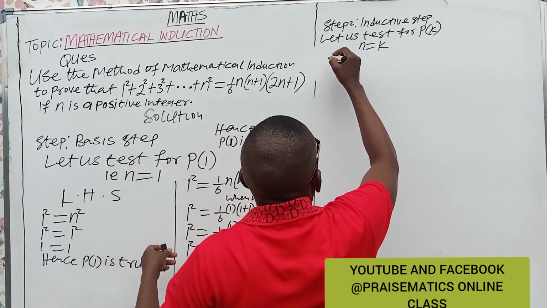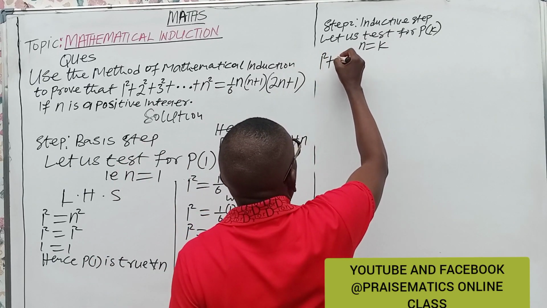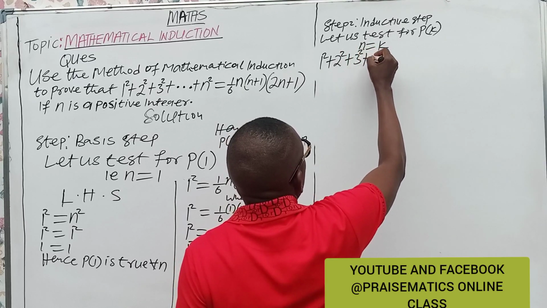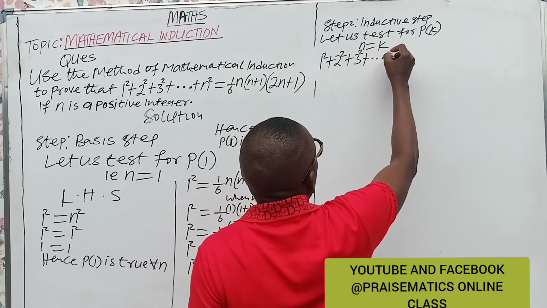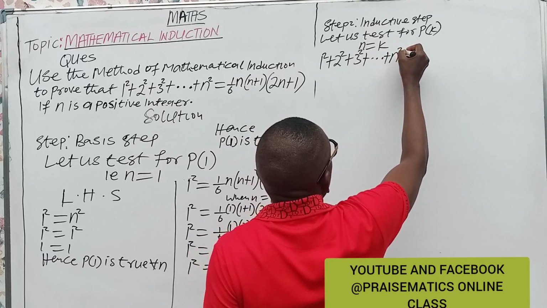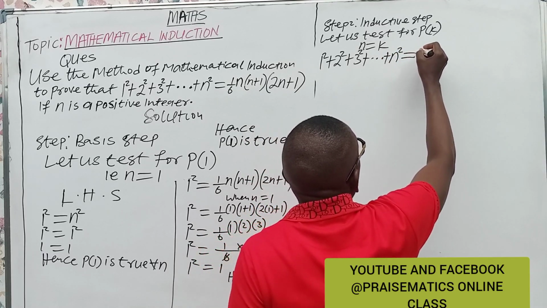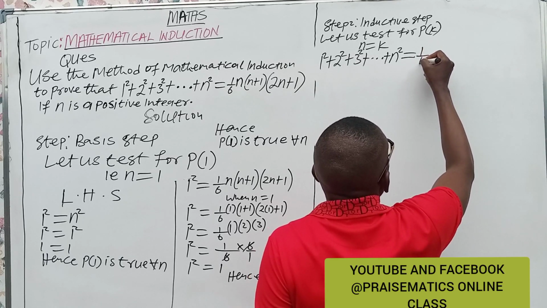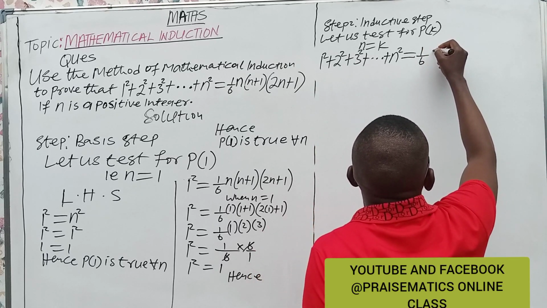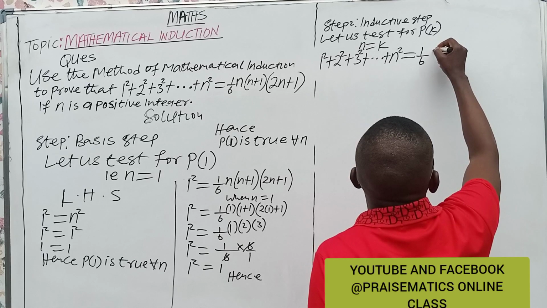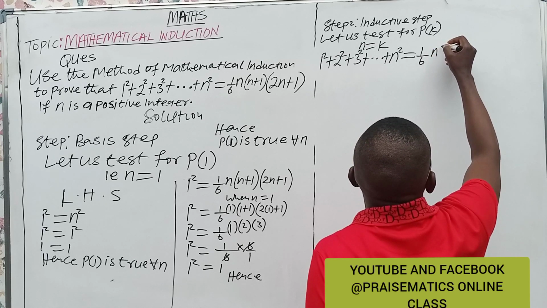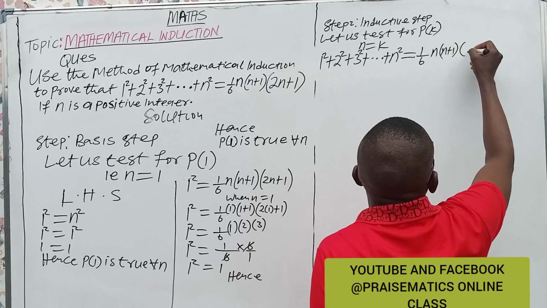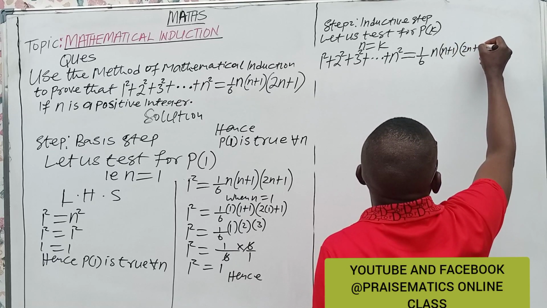From the equation we have 1 square plus 2 square plus 3 square plus ... plus n square. Is it equal to 1 over 6 n into (n plus 1), close it, into (2n plus 1)?